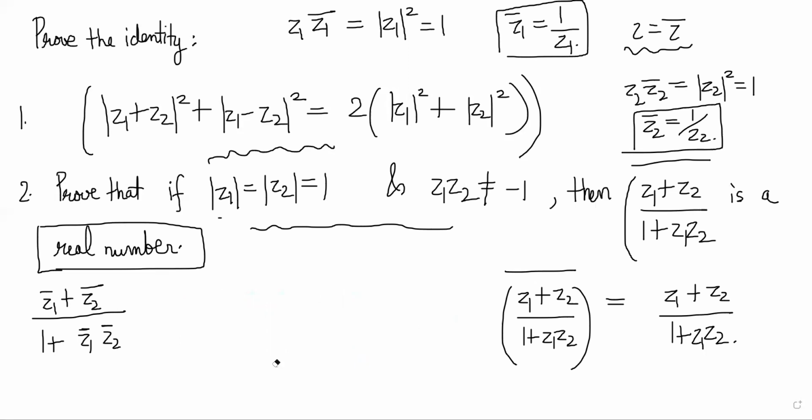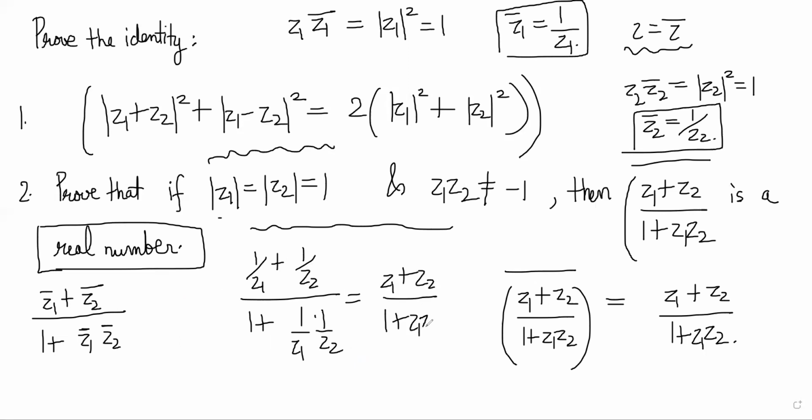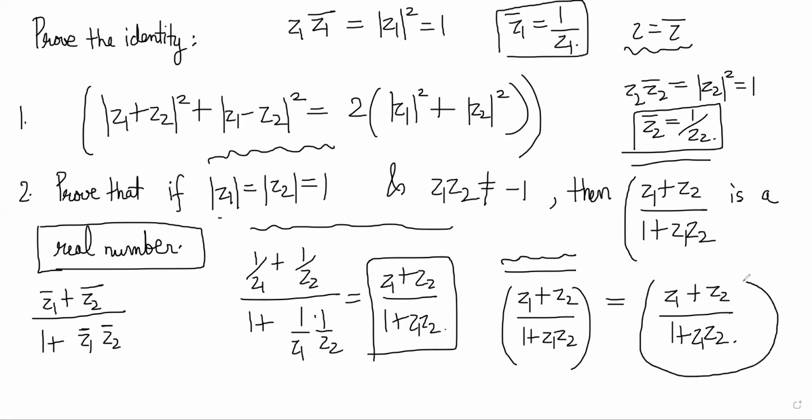That obviously becomes z1 plus z2 by 1 plus z1 z2. So you have gone from the LHS and simplified it and you're getting this. So that is the proof. We have used all of the properties of conjugate and also this property, that z1 into z1 conjugate is mod z1 whole square.